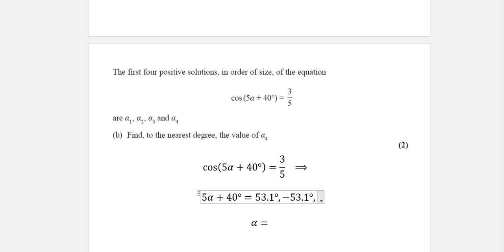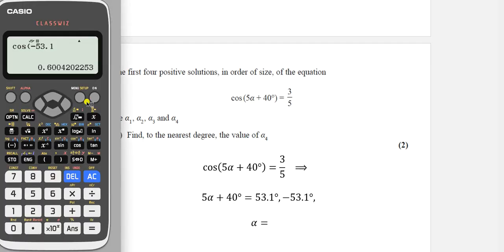We can look for more. Remember, these two came from symmetry. Cos is an even function, so if it has alpha as its solution, it also has minus alpha as its solution. But once we've got a couple of values using symmetry, we can just start using the period of the graph. So you can get your first solution, which was 53.1.